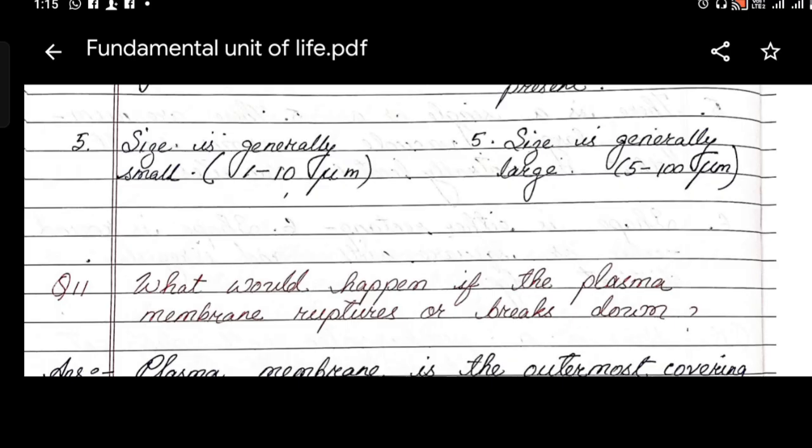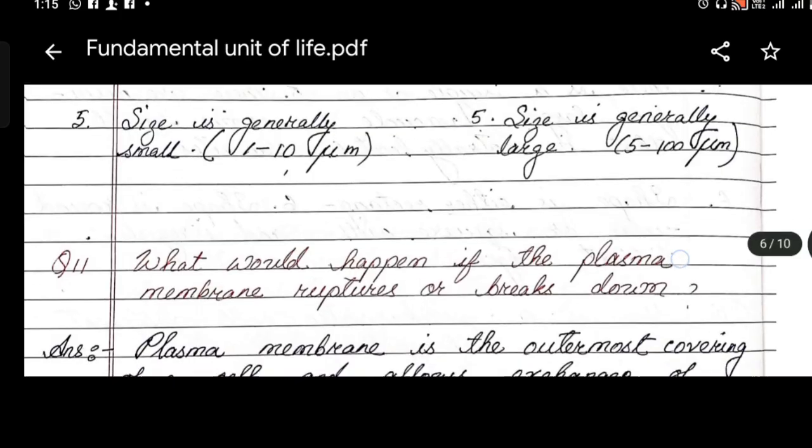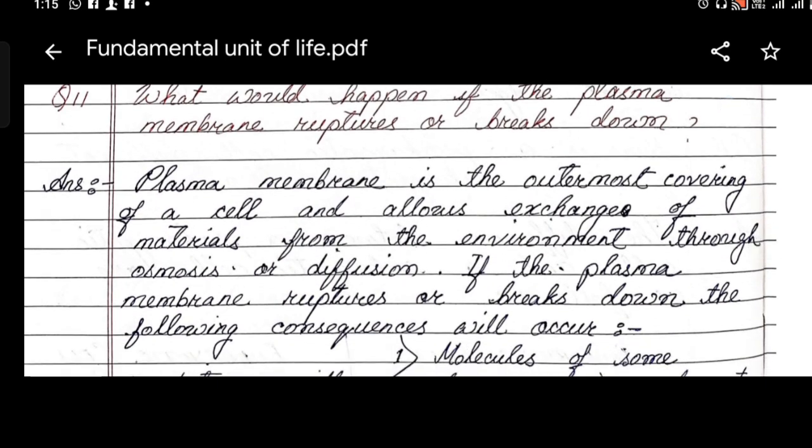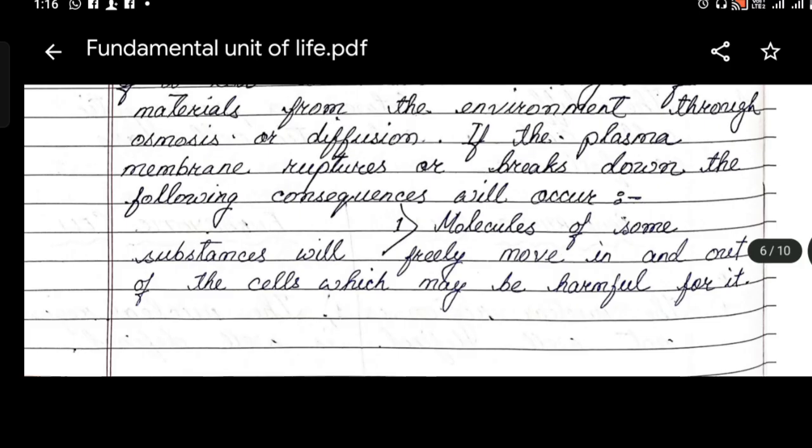Question number 11. What would happen if the plasma membrane ruptures or breaks down? Answer. Plasma membrane is the outermost covering of a cell and allows exchange of materials from the environment through osmosis or diffusion. If the plasma membrane ruptures or breaks down, the following consequences will occur. 1.